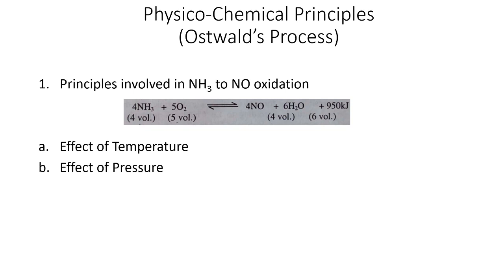Means here the volume is increasing, so lowering the pressure is a favorable condition. If you increase the pressure, obviously the backward reaction will dominate. So theoretically you should not increase the pressure, but there is some advantage of increasing the pressure.